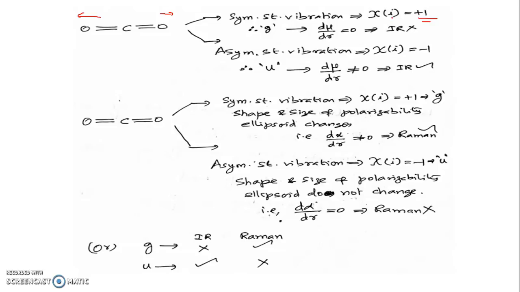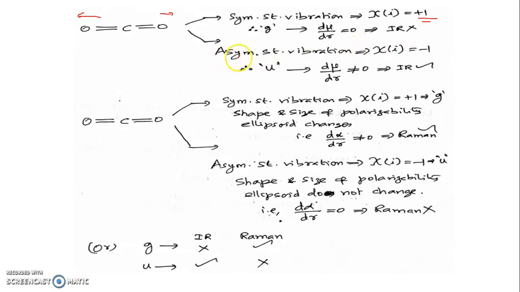So the character of inversion is +1, therefore it belongs to gerade symmetry. Now, since the inversion or centrosymmetry is present at any instant of time during vibration, the change in dipole moment with respect to distance is 0. Since there is no change in dipole moment, this vibration is IR inactive. Are you able to follow?